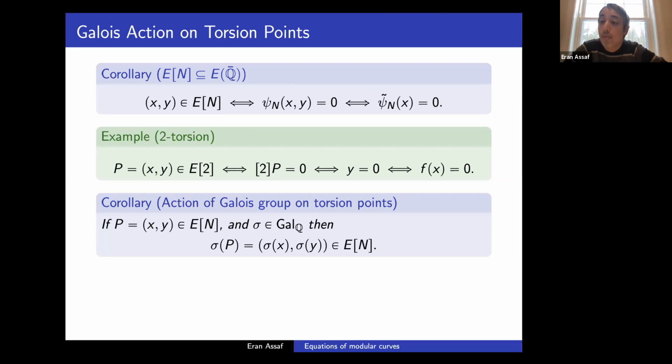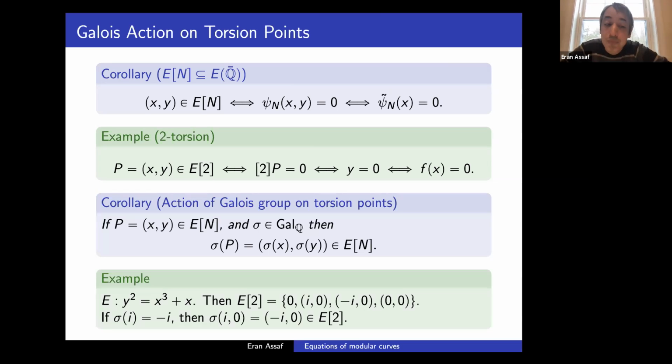And since we started with a point which was algebraic, we can act with an automorphism of the algebraic numbers and obtain another point with algebraic coordinates. Okay, so now we have those points of finite order of our elliptic curve, which are all algebraic numbers over the rationals, and we have an action of the Galois group.